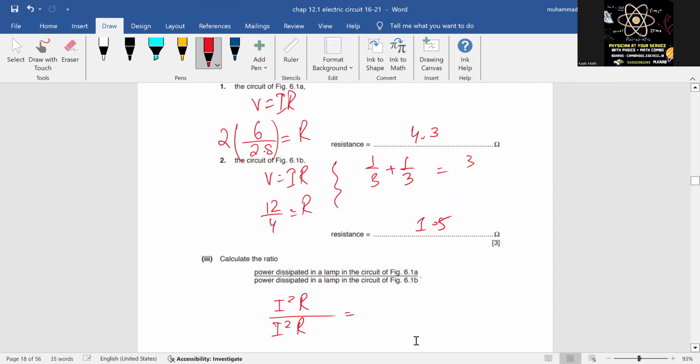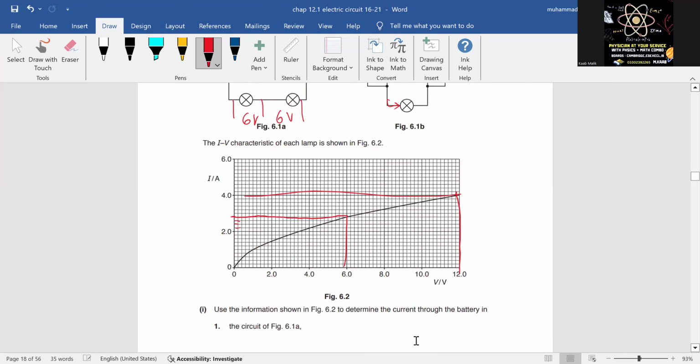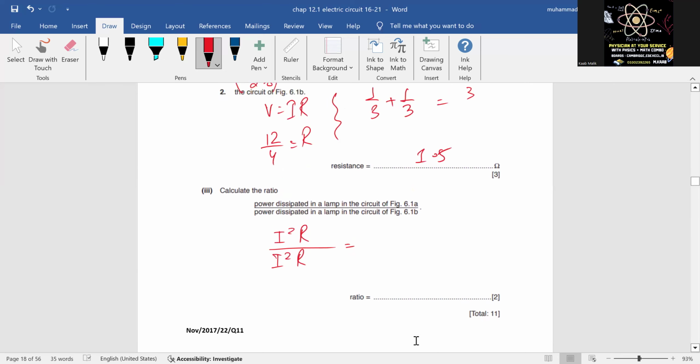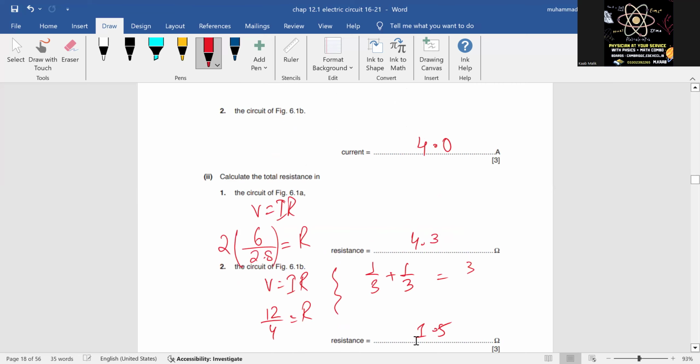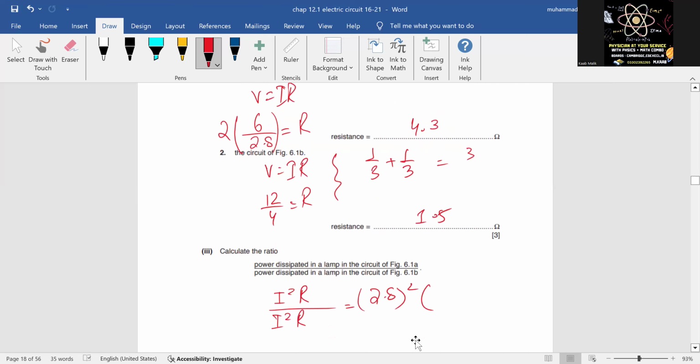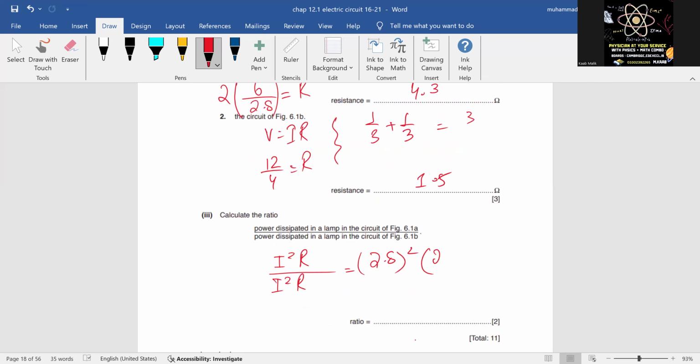So for the first circuit, we calculated I was 2.8, so 2.8 squared. And the individual resistance, it is 4.3 for the complete resistance, so for the individual it would be 2.15.